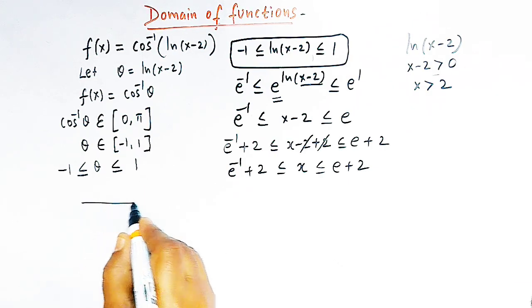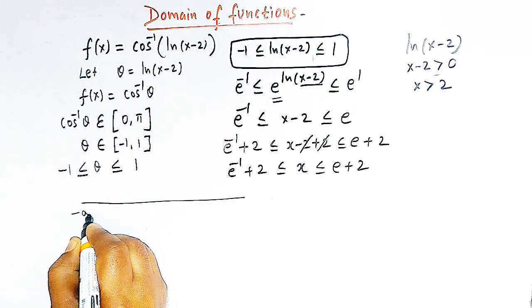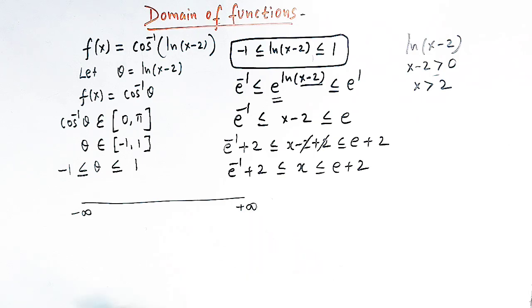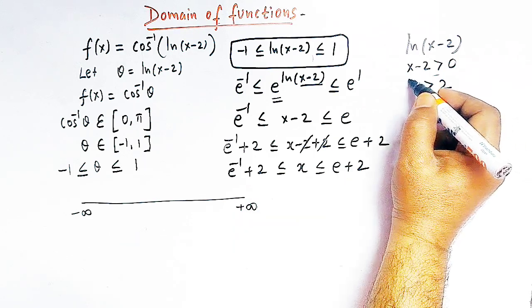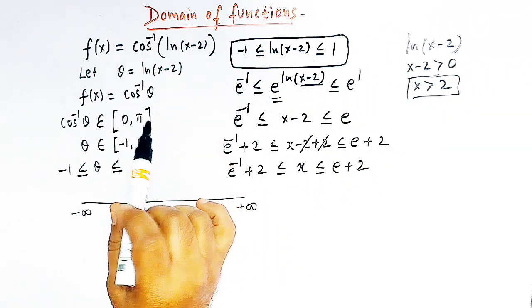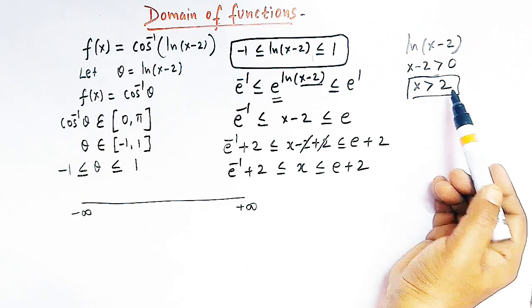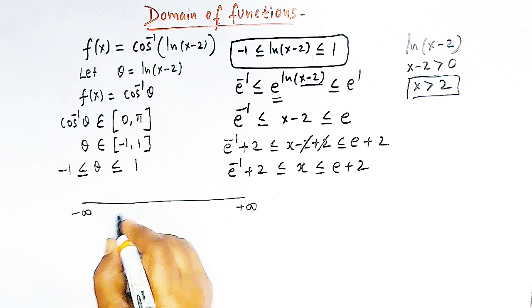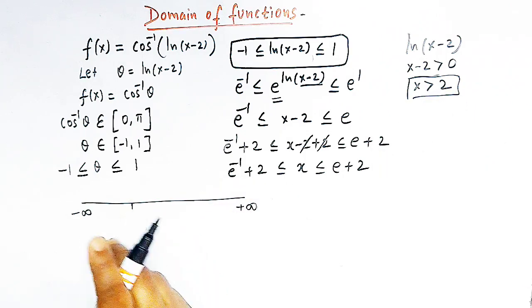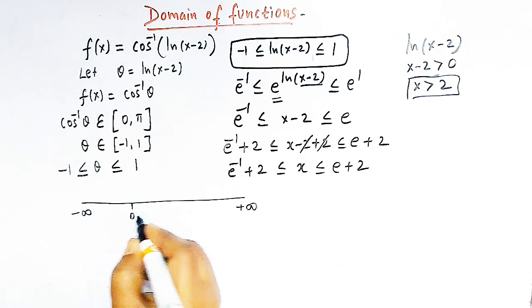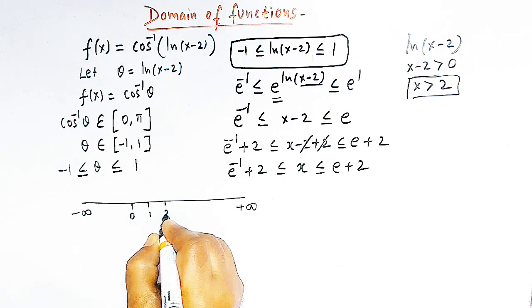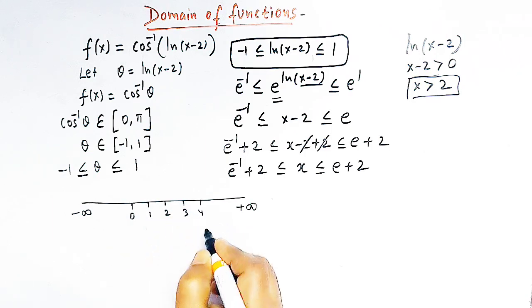So now here we have the real number line, minus infinity and plus infinity, right? And here the first condition is that x should be greater than 2. So for simplicity, let us represent the numbers like this, that is 0, 1, 2, 3, 4 and 5, right?